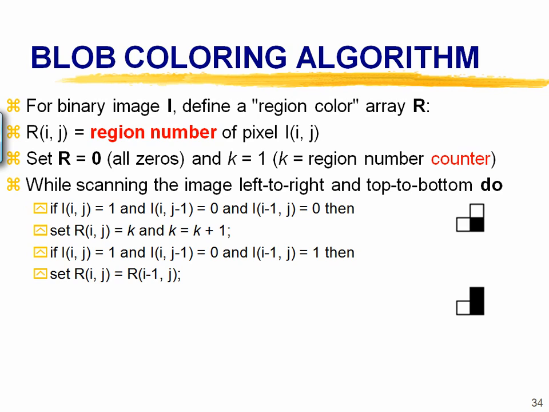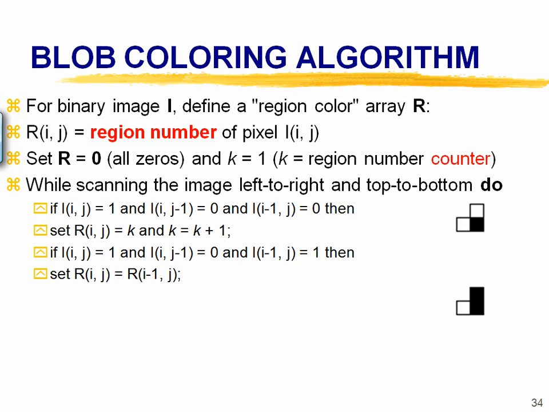Imagine a raster scan where you come to the first pixel in the image and check if it's a 1, because I need to check for the presence of an object. If it's 0, it's background, I don't care about it. But if it's 1, then I need to check its neighbors: the pixel above it and the pixel to the left of it.